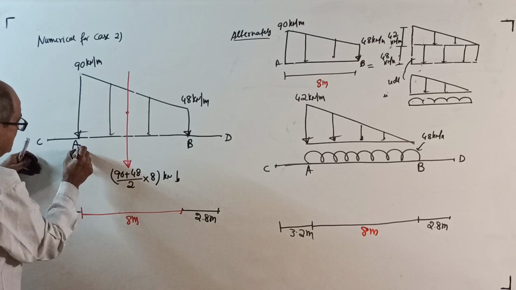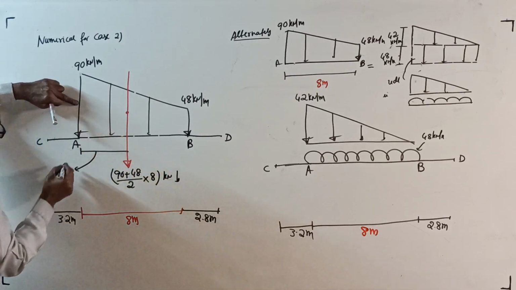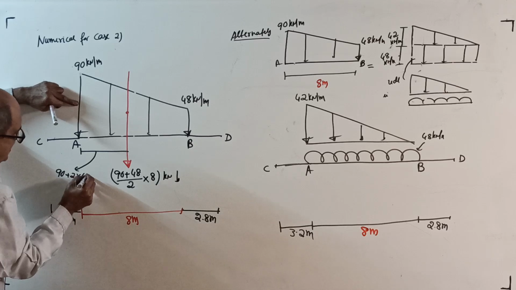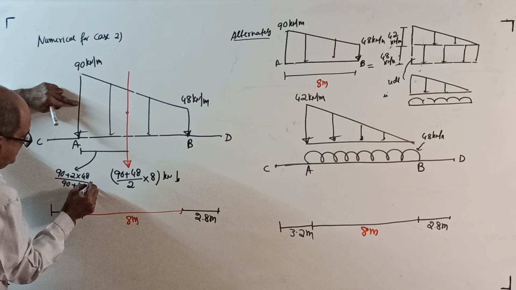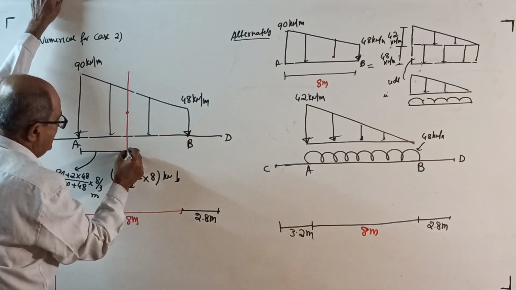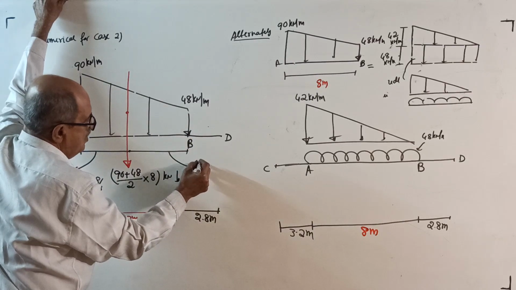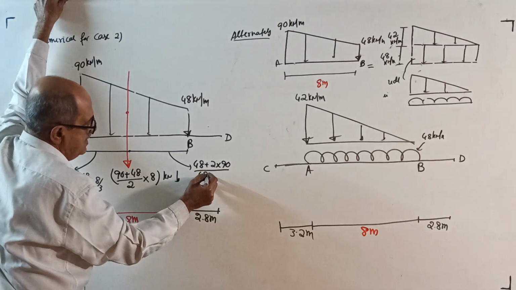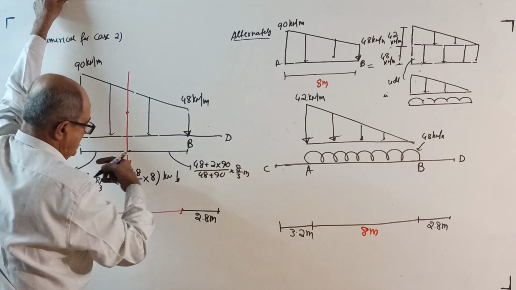Now, suppose you want this distance from A: 90 plus twice of 48 divided by 90 plus 48, into 8 by 3 meter from A. Or if you want it from the other end: 48 plus twice of 90 divided by 48 plus 90, into 8 by 3 meter from there. Okay.